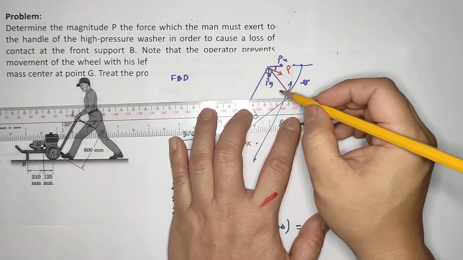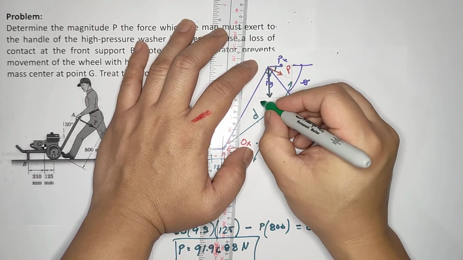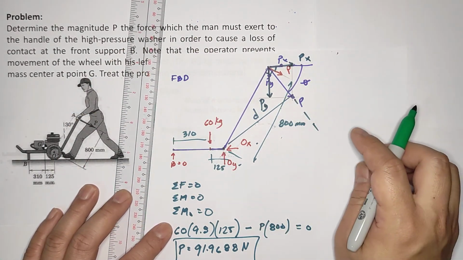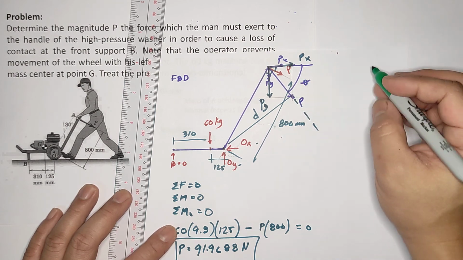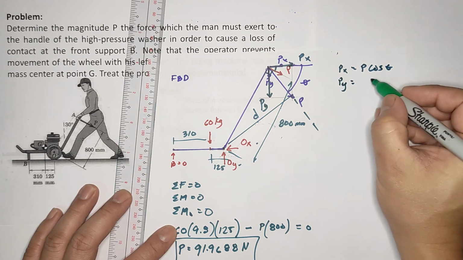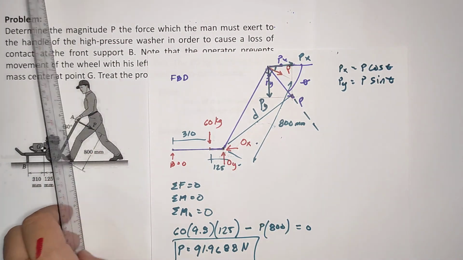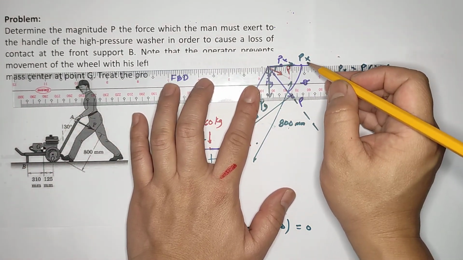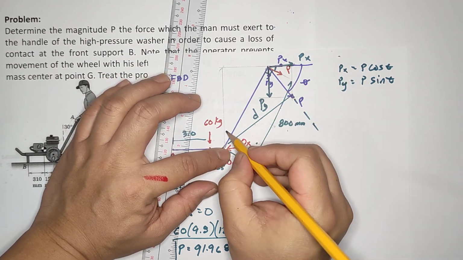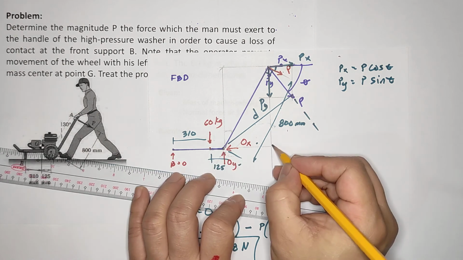So this is the new component. You have P_Y and P_X. Once you get the new P_Y and P_X, which depend on the angle, P_X is P cosine theta, and P_Y is P sine theta. Now what is the distance? For P_Y, you find its perpendicular distance based on this 800 and this angle. And for the other one, its distance is this one.